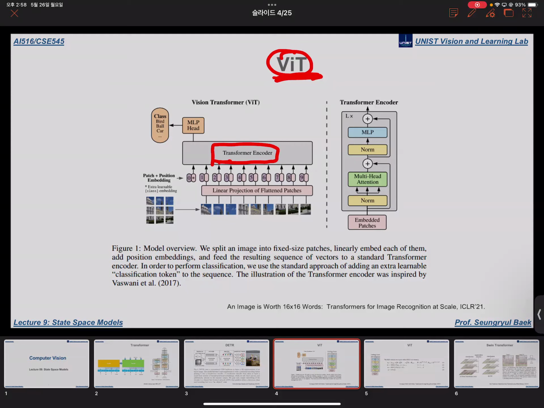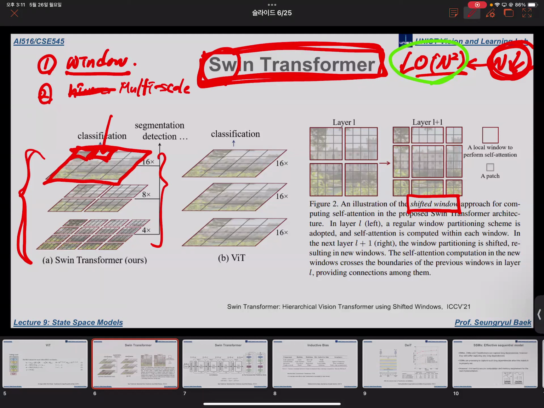So what the authors further propose to deal with such a problem is some more schemes. The first thing is they are using hierarchical or multi-scale windows. So they are using this type of multi-scale windows, okay, to relieve such problems. Another important scheme to further solve this problem is that they use shifted windows.